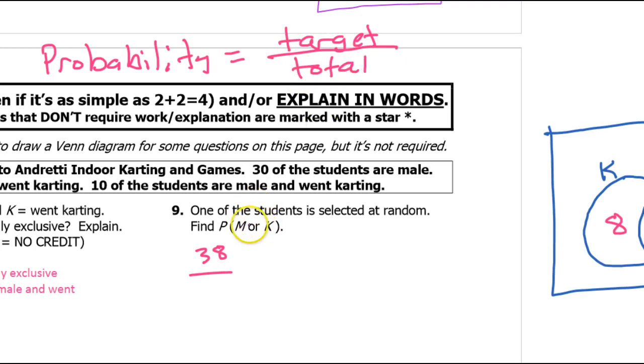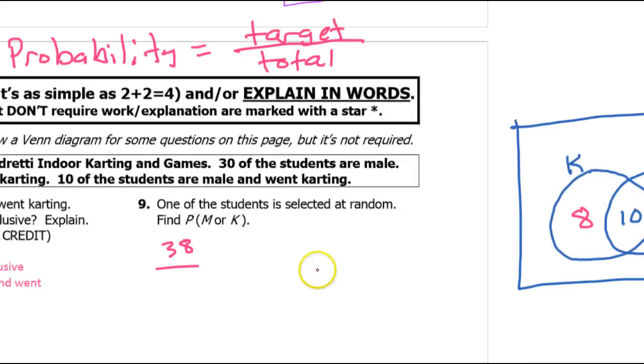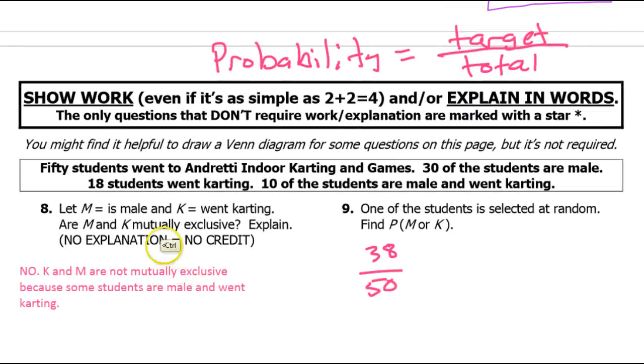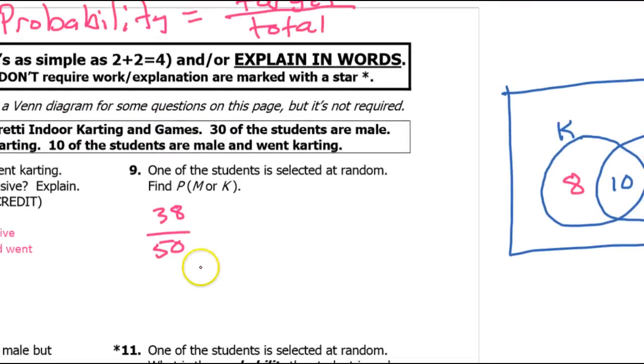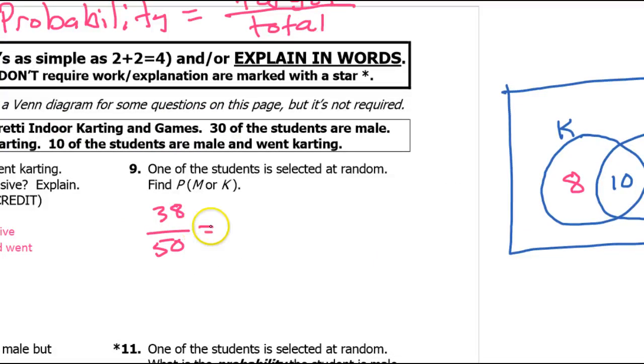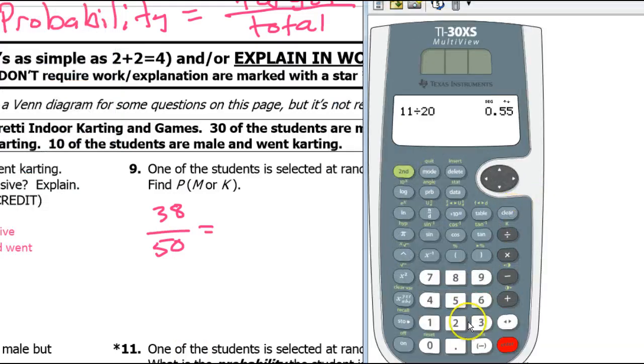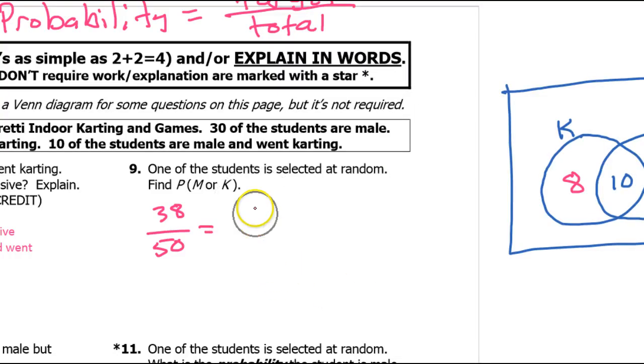In this case, this set, M or K, that's the target, that's the 38. The total is 50, because that's how many students went to Andretti. So we could reduce this down, 38 over 50. Okay, so it's 19 over 25.